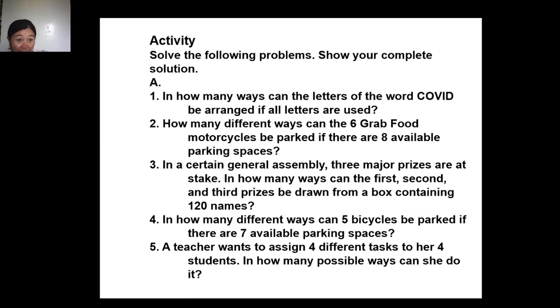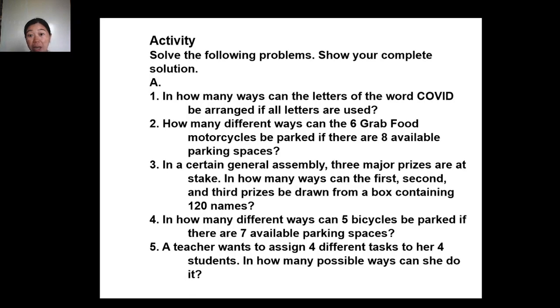So, kung mapapansin natin dun sa letter A, basa tayo ng ilan. In how many ways can the letters of the word COVID be arranged if all letters are used? How many different ways can 6 grab food motorcycle be parked if there are 8 available parking space? Okay? In a certain general assembly, 3 major prizes are at stake.